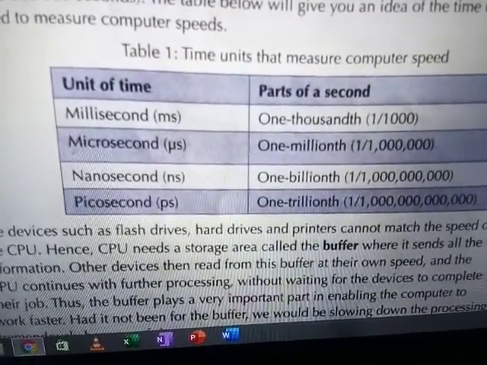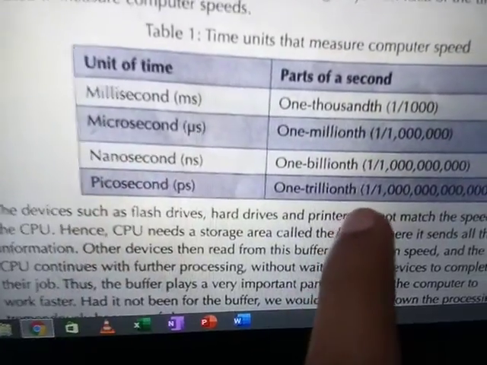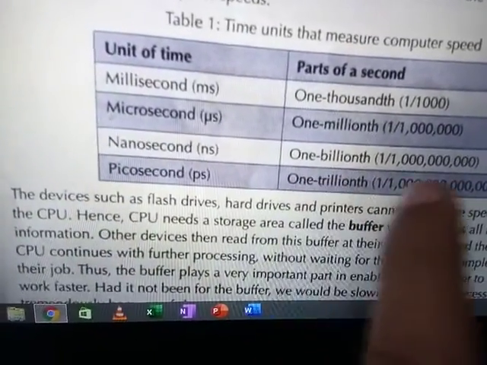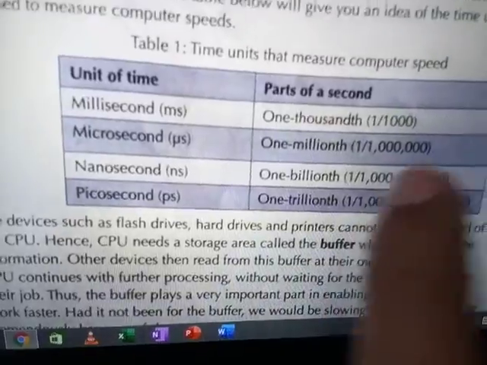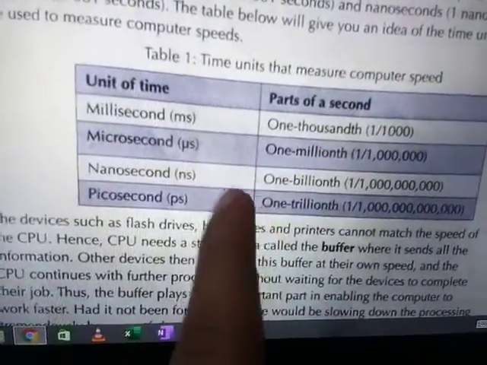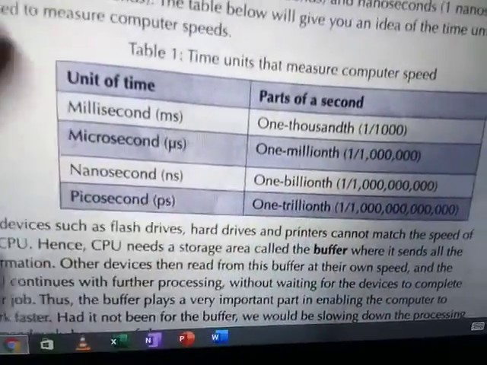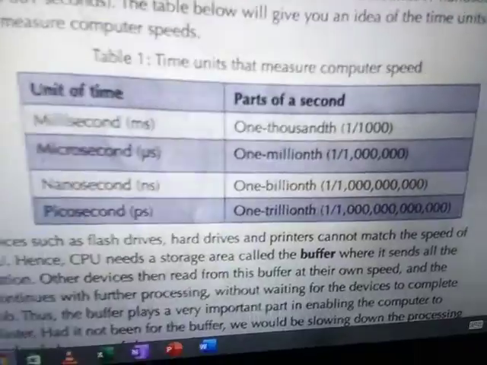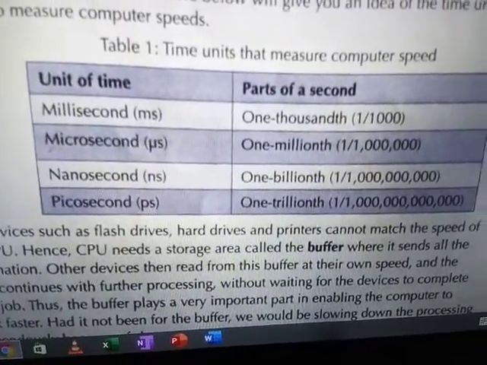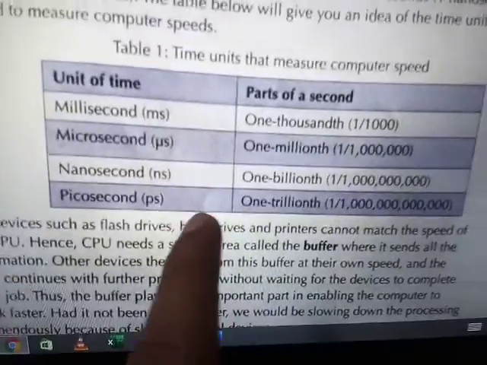Not only at the speed of a microsecond, it also works at the speed of a nanosecond, which is 1 second divided by a billion. Picosecond is 1 second divided by a trillion. The computer works at such a speed, and picoseconds you can see in supercomputers.